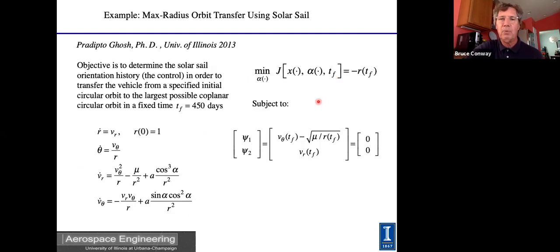Here's another example. I won't go into a lot of the detail. It's a maximum radius orbit transfer for a solar sail. So this is continuous propulsion, but not electric. And the idea was to find the solar sail orientation angle, this angle alpha in the differential equations, that allowed a transfer from a circular orbit at 1 AU to the largest possible circular orbit in a fixed time of 450 days.